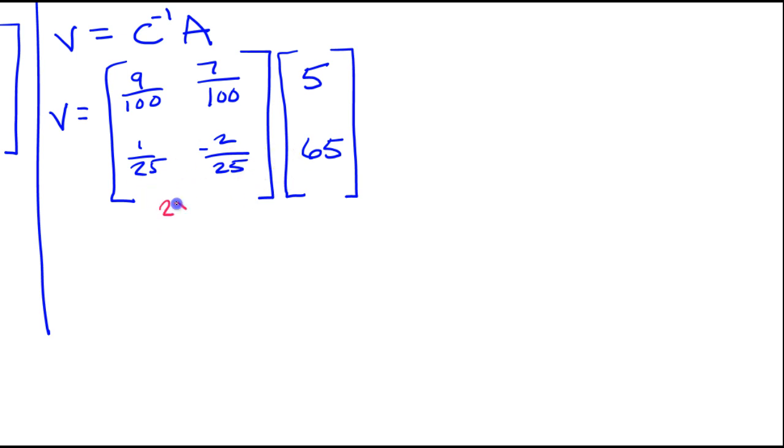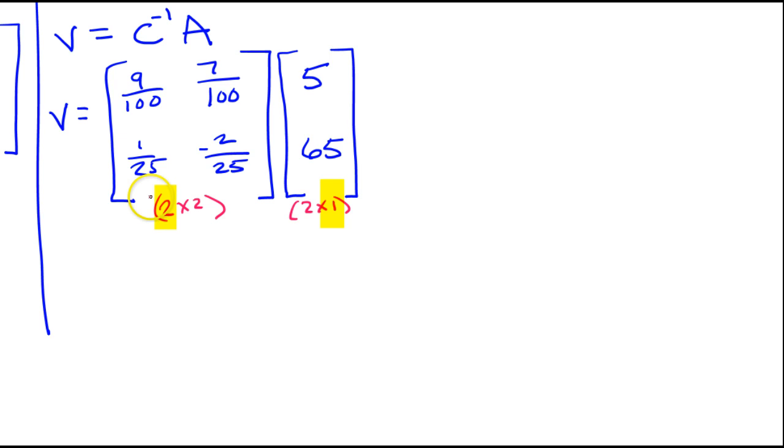This is a 2 by 2 matrix, and this is a 2 by 1 matrix. Because the inner dimensions are the same, the 2's, I know this is possible. The outer dimensions, the 2 and the 1, tell me that my answer will be a 2 by 1 matrix.